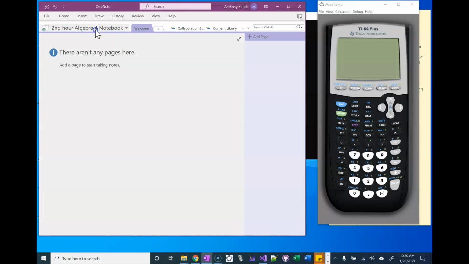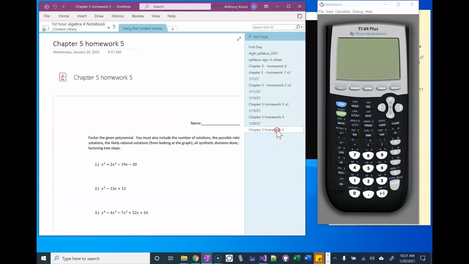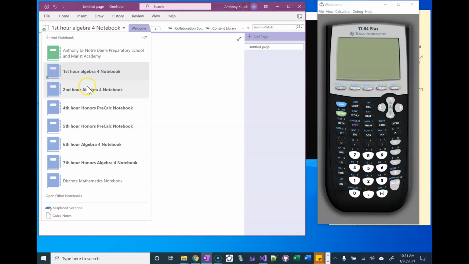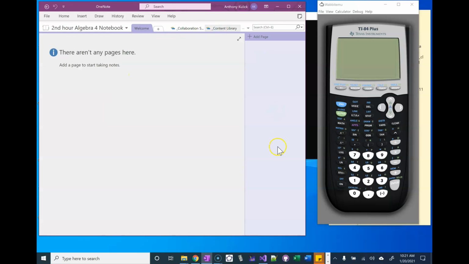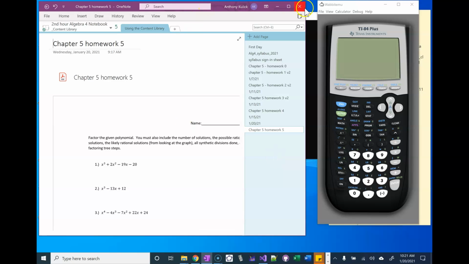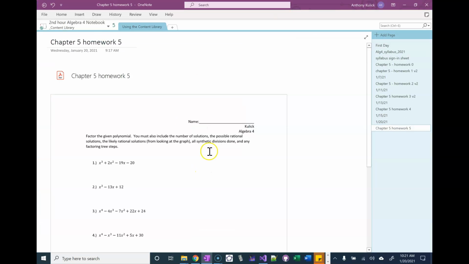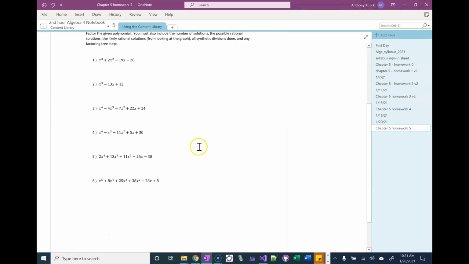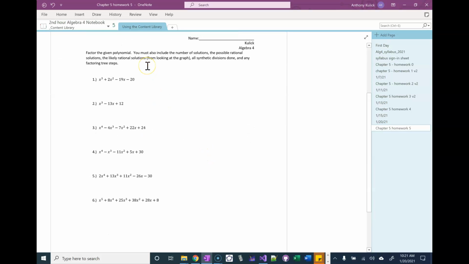So your homework assignment, I'm going to copy in here real quick, is going to be this homework 5. So I give you 6 of these things to look at.